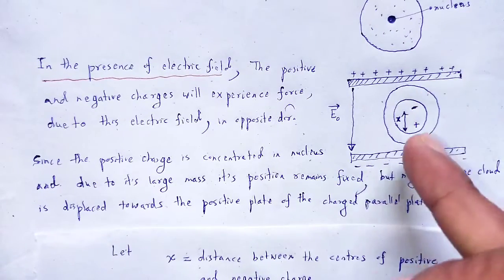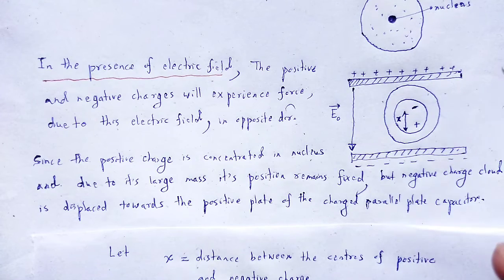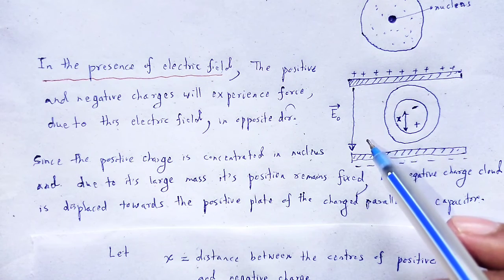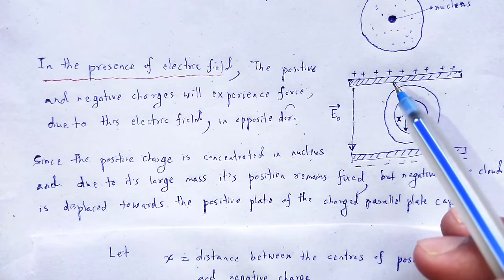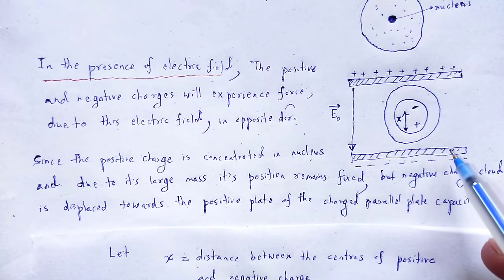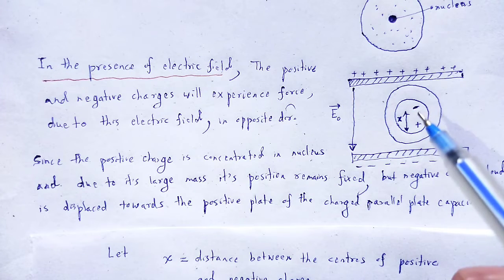And the force applied on the positive charge due to the external electric field is along the direction of the external electric field, towards the negative plate, and we can calculate that force easily.